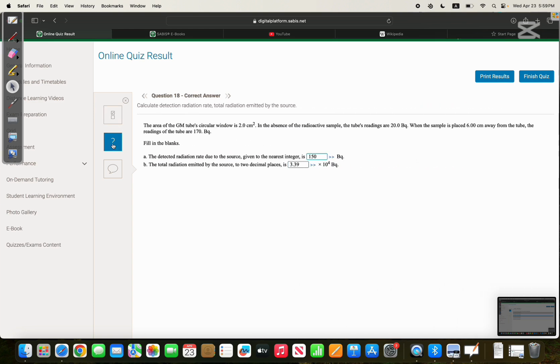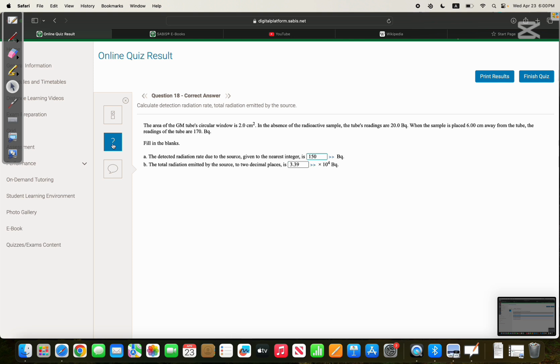Number 18. The area of the GM tube circular window is 2 centimeters squared. In the absence of the radioactive sample, the tube's readings are 20 Bq. When the sample is placed 6 centimeters away from the tube, the readings of the GM tube are 170 Bq.